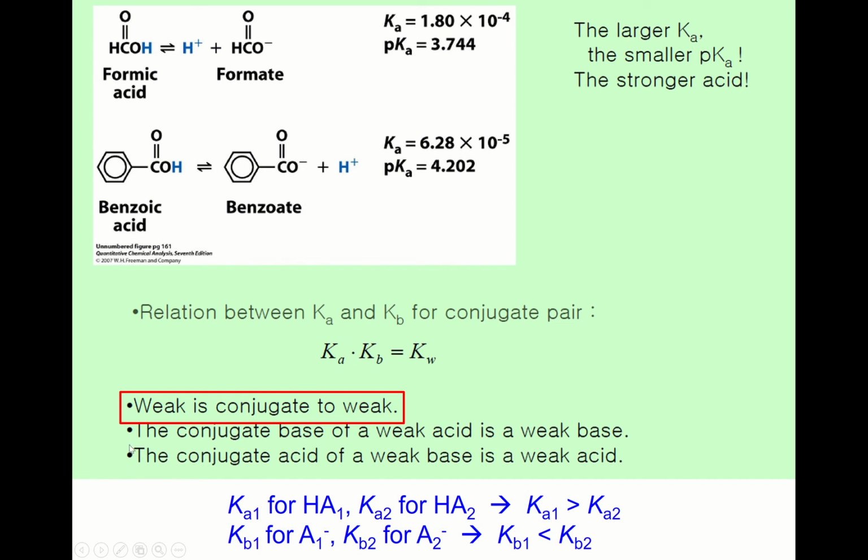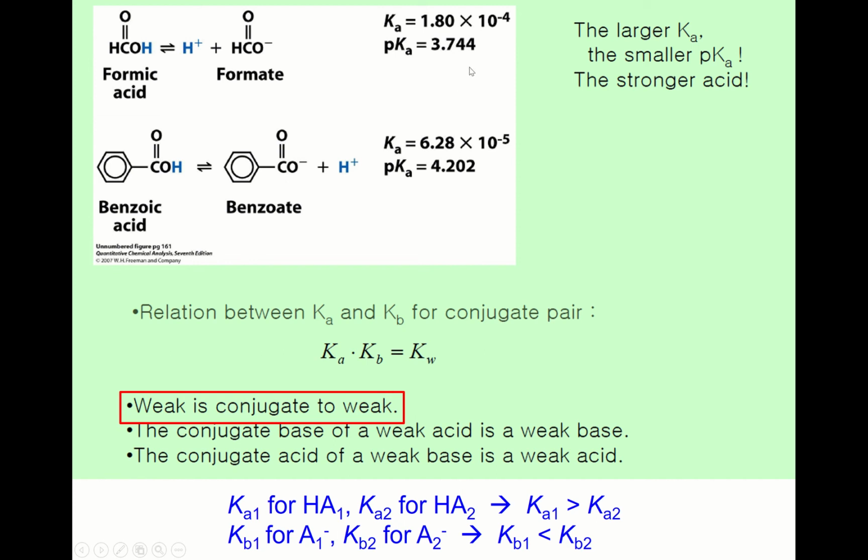Let's read these two sentences. The conjugate base of a weak acid is a weak base. The conjugate acid of a weak base is a weak acid. But the order of weakness is reversed. In other words, look at these two species again, formic acid and benzoic acid. Which one is stronger?